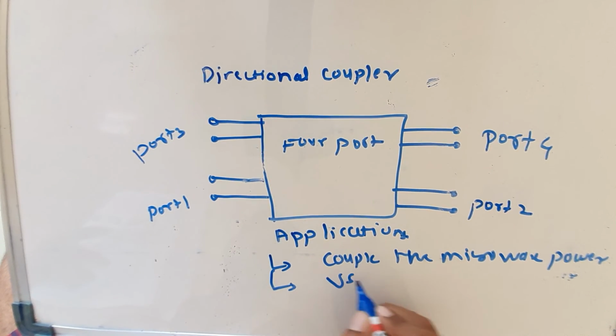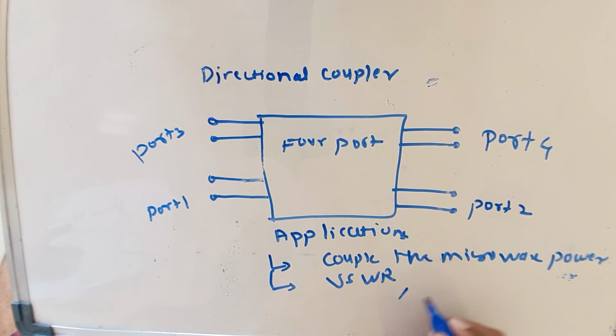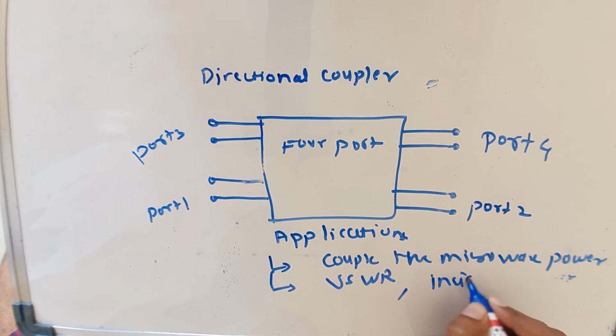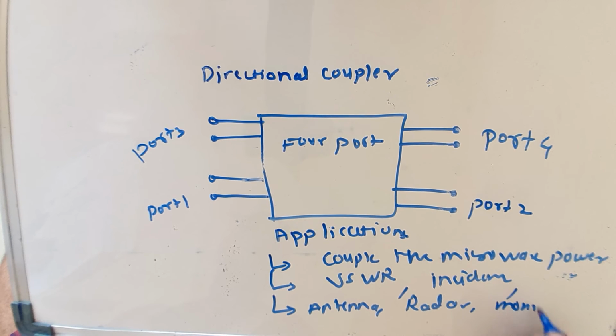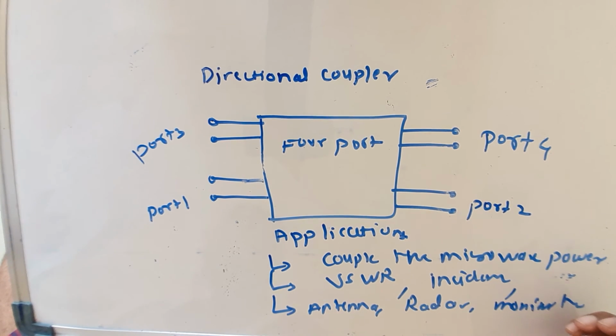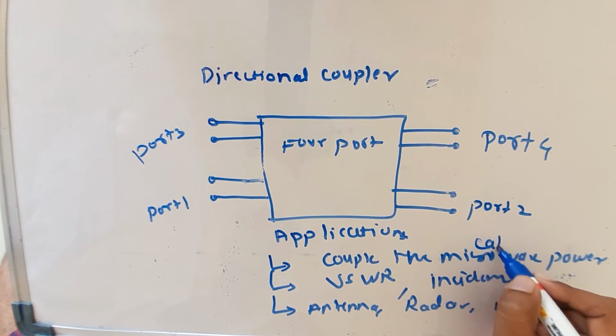Second, it is used in VSWR measurement. It is used to measure incident power. It is also used in antenna, radar. It is used to monitor the frequency level and power level. It is also used in cable TV.